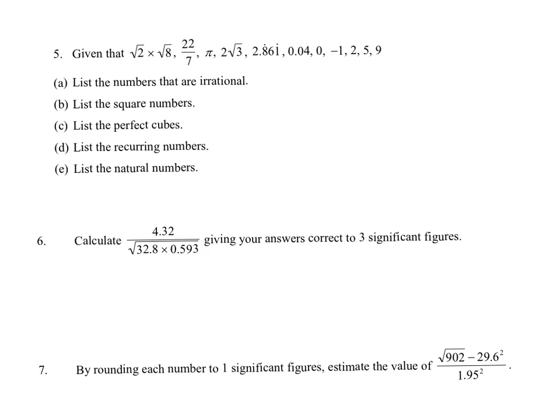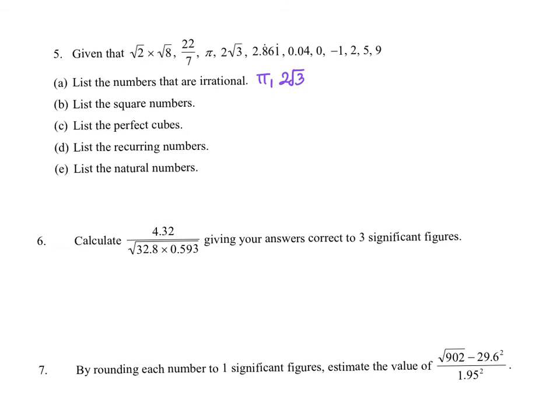And question number 5. Irrational number, you should be able to try. Obvious irrational number? Pi, still got? 0.04 is a number that ends. 2 square root 3.